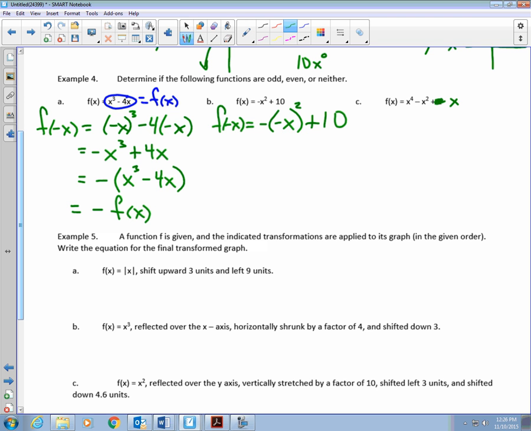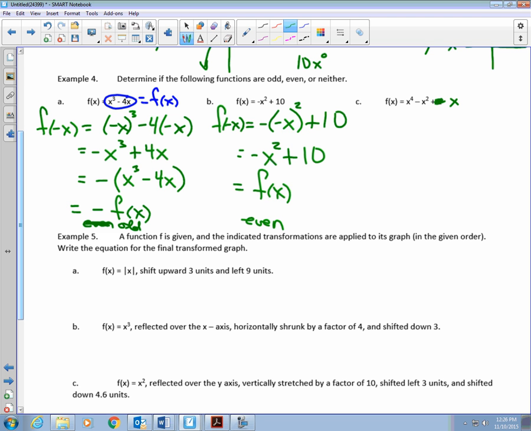So is it going to be a positive x squared or a negative x squared? Negative x squared. And then plus 10 is just the same. Is this same as my original? So I can replace that with f of x. So therefore, f of negative x became f of x. Your answer is this is even. I'm sorry, this is odd. This is even. And the entire thing is your answer.